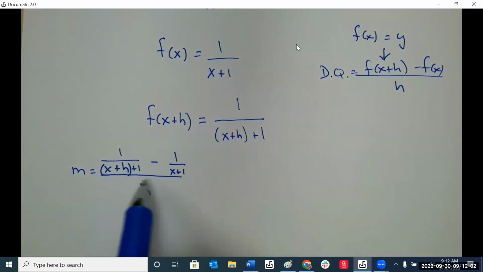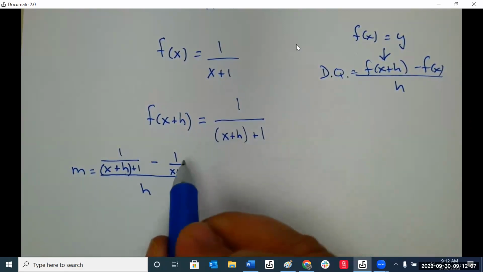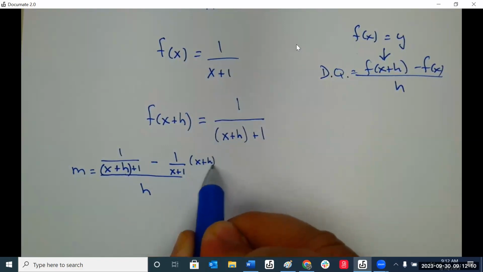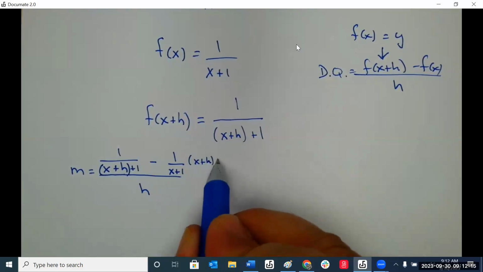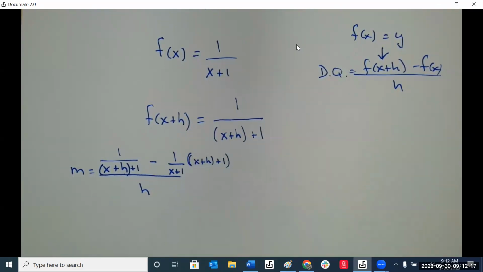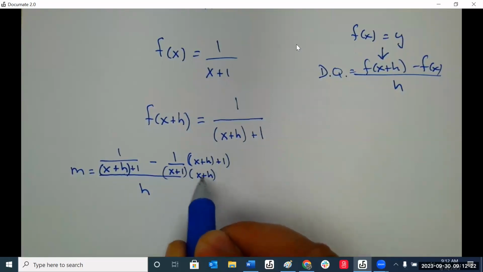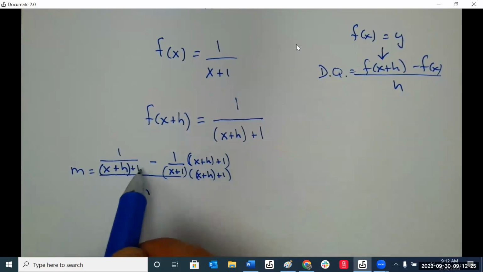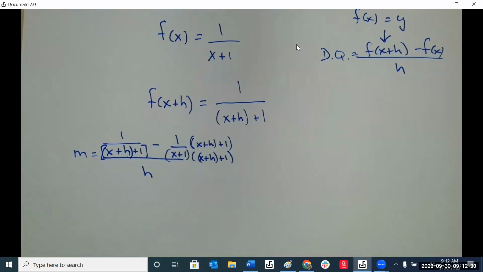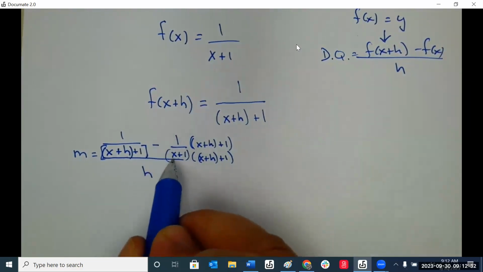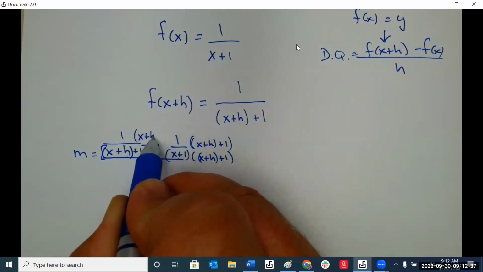What the first one has that the second one doesn't have on the bottom is an x plus h plus 1. And the second one has an x plus 1 by itself.